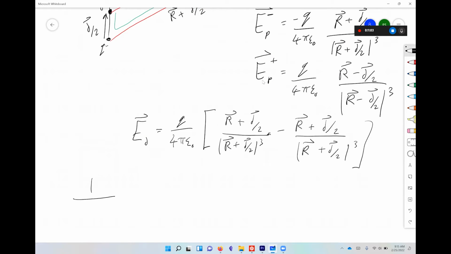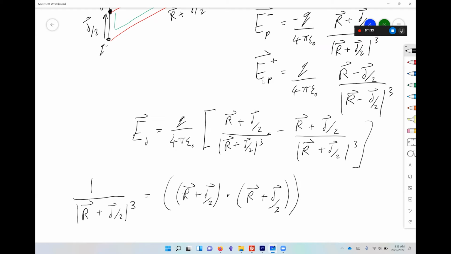So we can take 1 over R plus d over 2 squared, cubed. What does this equal? I want to express this in terms of the dot product. So if I write this as R plus d over 2 dot R plus d over 2, what does this give me?